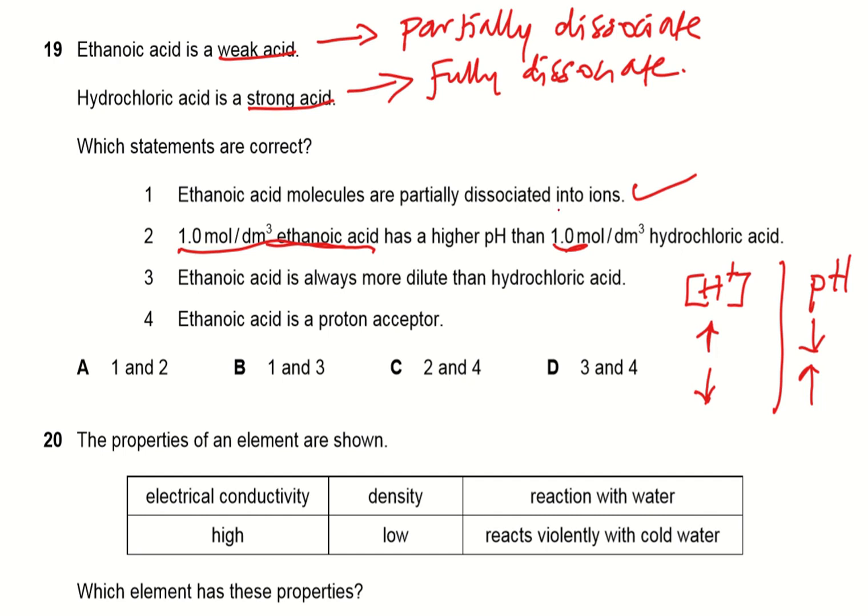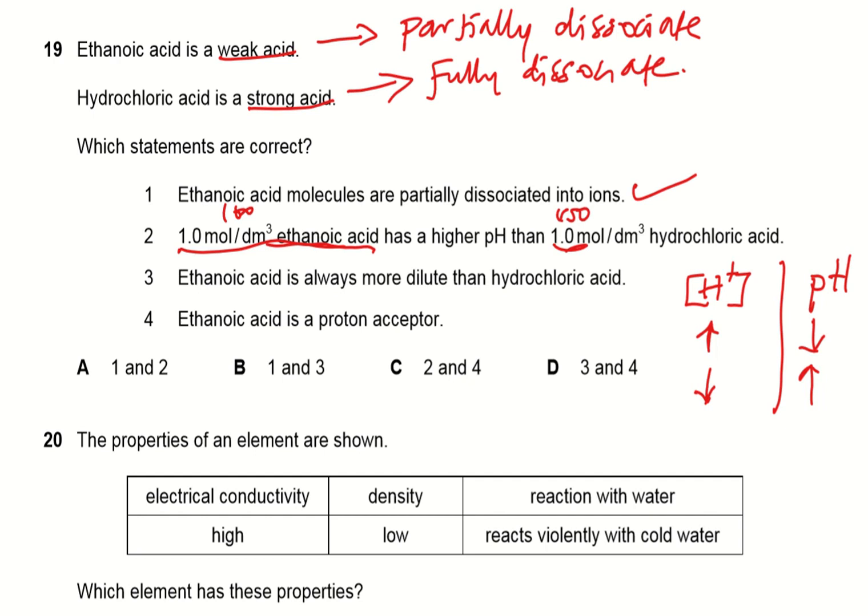For example, if I have 100 moles of hydrogen ion available in hydrochloric acid, I will have 100 moles of hydrogen ion dissociating. But if I have 100 moles of hydrogen in ethanoic acid, I may end up having like 10% or even less than that dissociating.